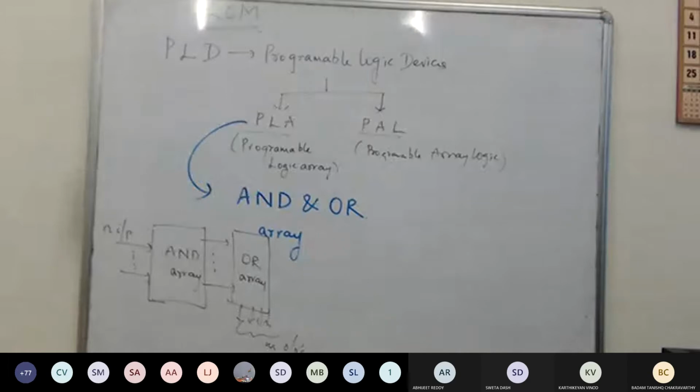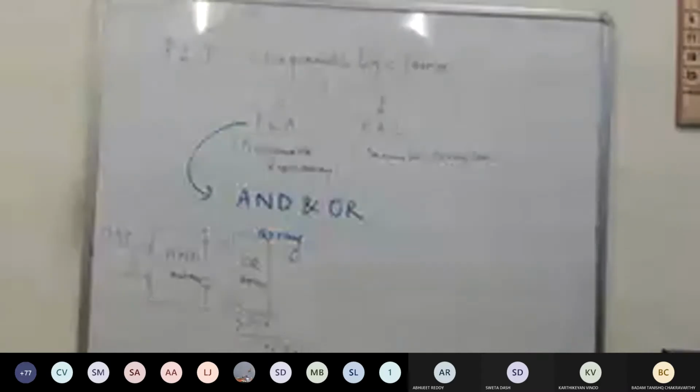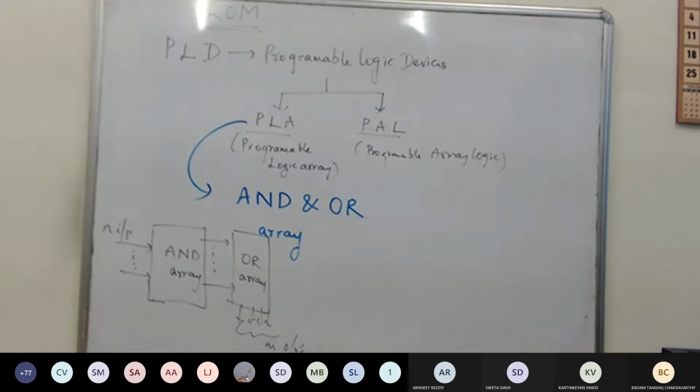So a simple AND and OR array combination makes a PLA. Now I'll show you a glimpse of that so that you can at least visualize it. Just a second.